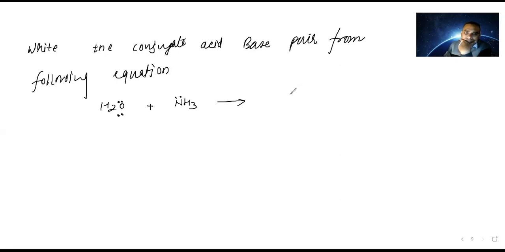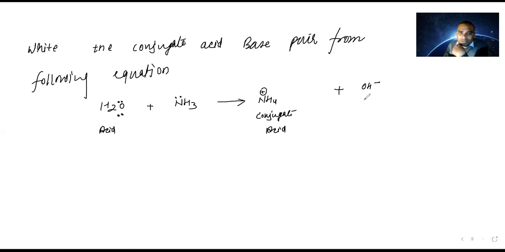NH3 accepts a proton from the H2O, so it will form NH4 plus, which will be the conjugate acid. And since H2O will donate the H plus ion, it is going to become OH minus, which is the conjugate base of the reaction.